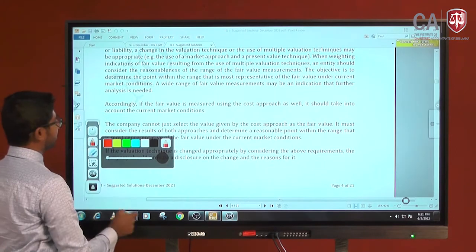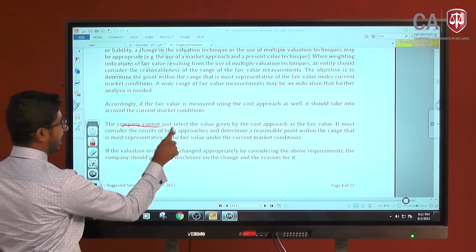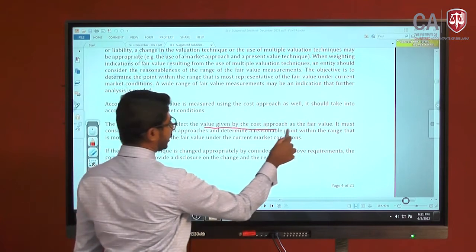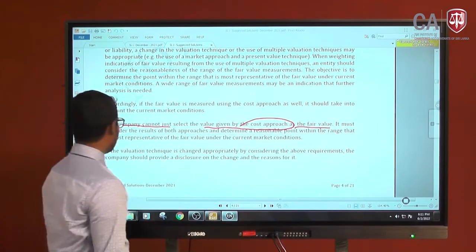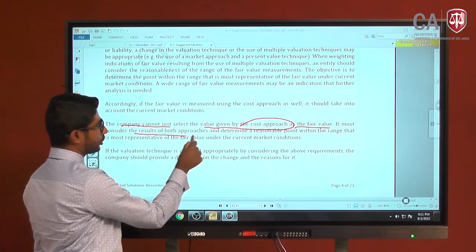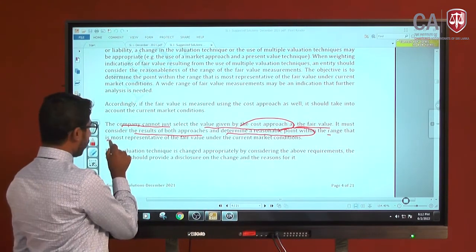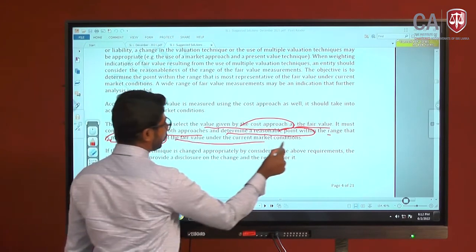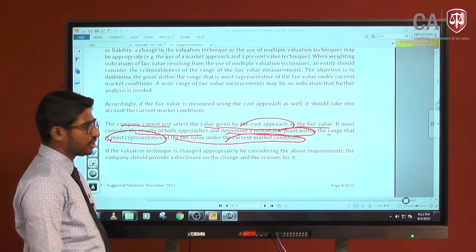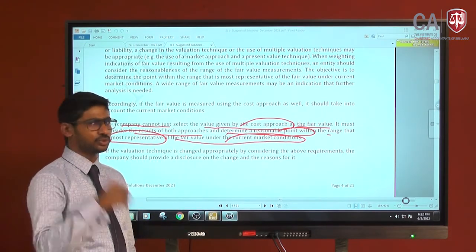Going forward, what they are saying is that the company cannot just select the value given by the cost approach as the fair value. It must consider the results of both approaches and determine a reasonable point within the range that is most representative of the fair value under current market conditions. So you can't just change the model and boost the valuation.